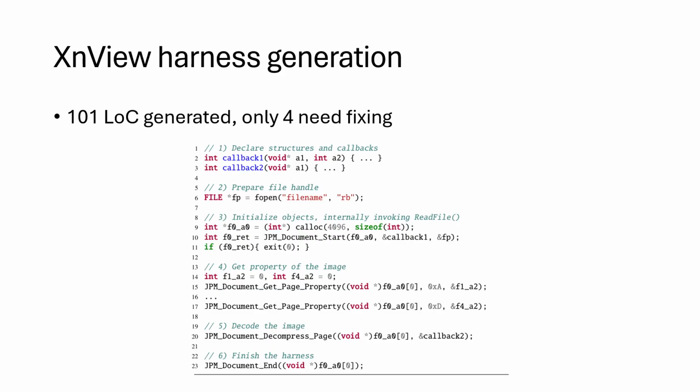You can see that for all the calls, like document start, get page property, it has that same handle for all of them, so the F0, A0. Obviously the name isn't resolved because it's an automated tool, but the reference to the actual file is preserved across all of those.